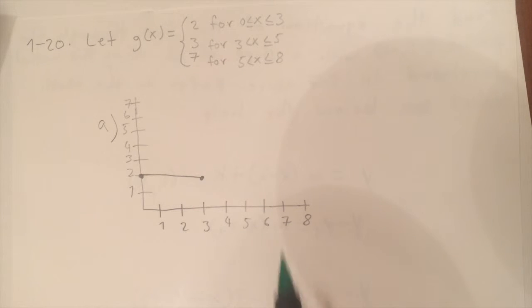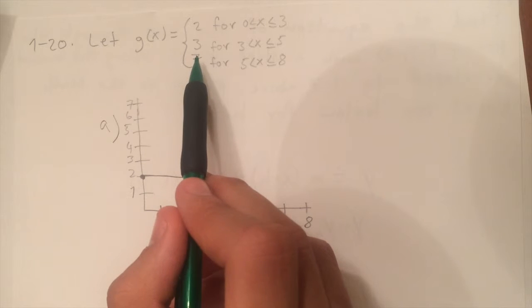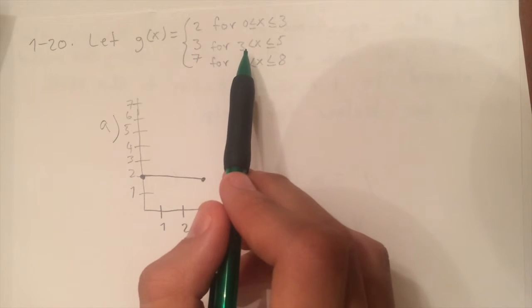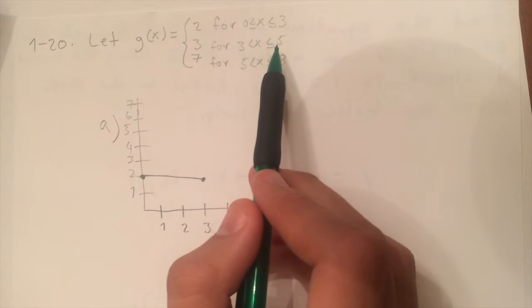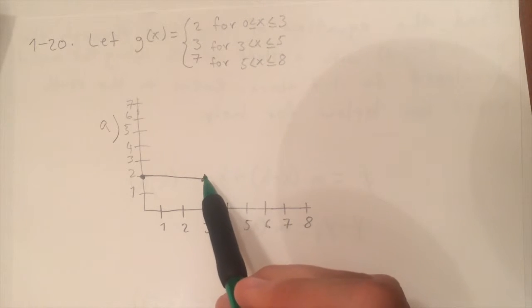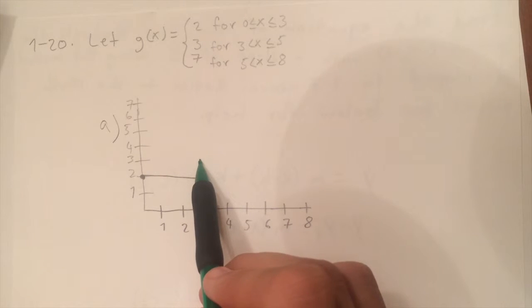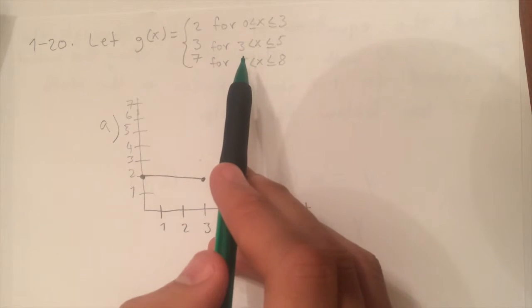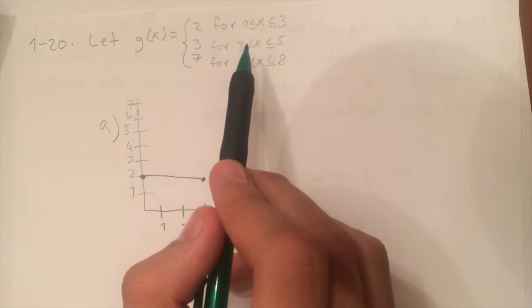And then for when g of x is equal to 3, for x greater than 3 and less than or equal to 5, you'll start here at the y value of 3, but notice it's not when x is greater than or equal to 3, it's simply when x is greater than 3.